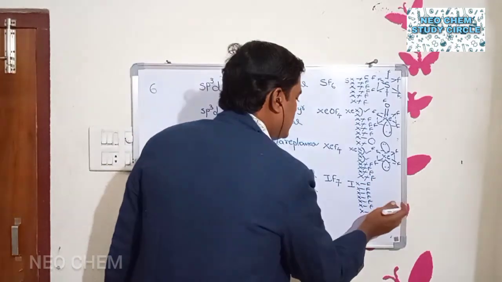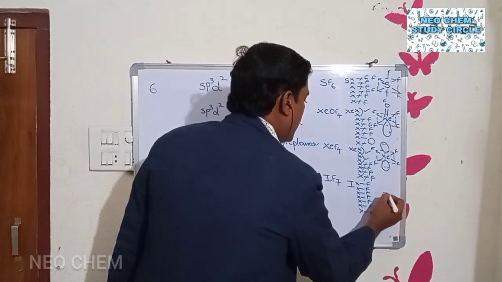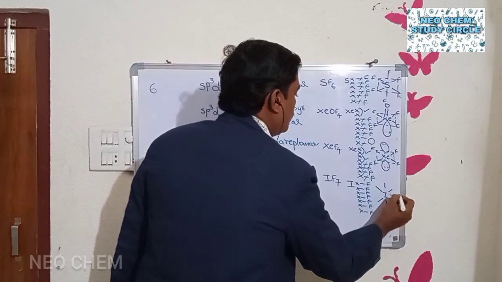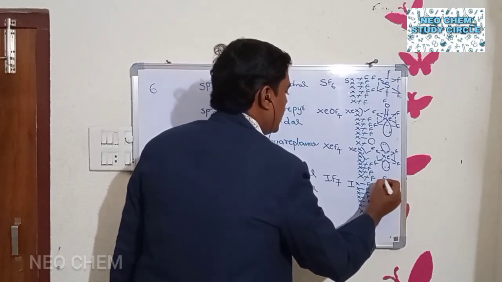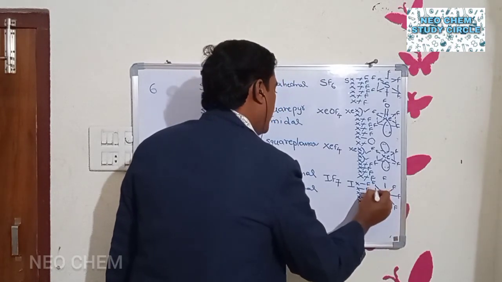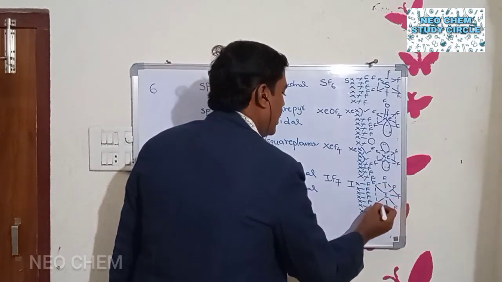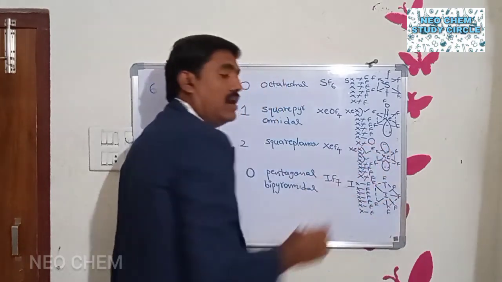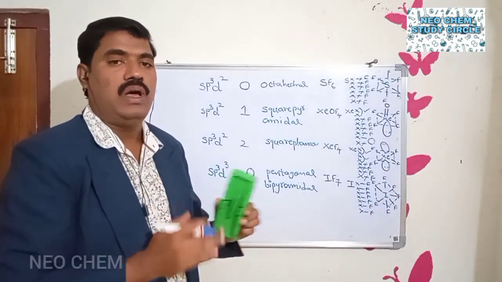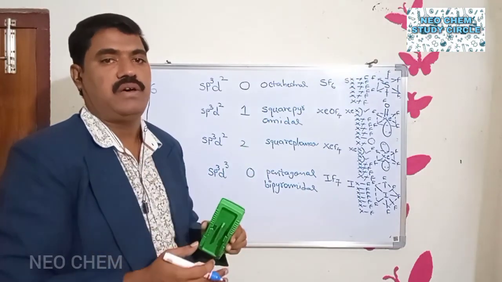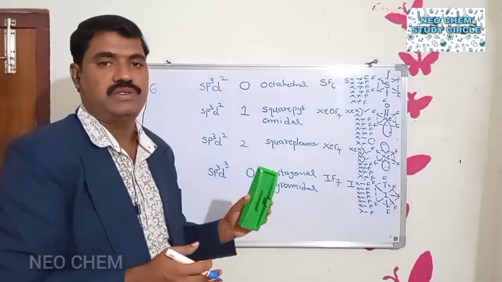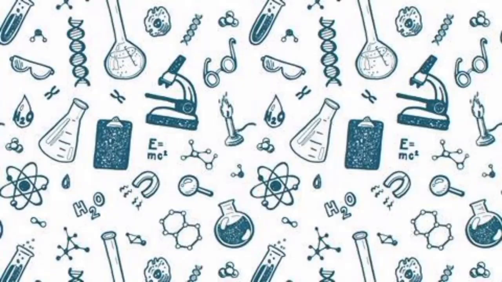Now the geometry is like this: iodine, with 7 fluoro groups around it. This is the geometry of pentagonal bipyramidal. Like that, we have to write the various types of hybridizations with number of lone pairs and geometries. Okay, thank you.